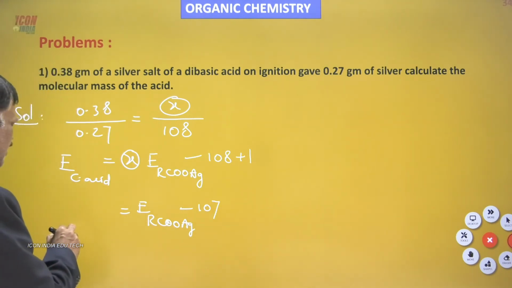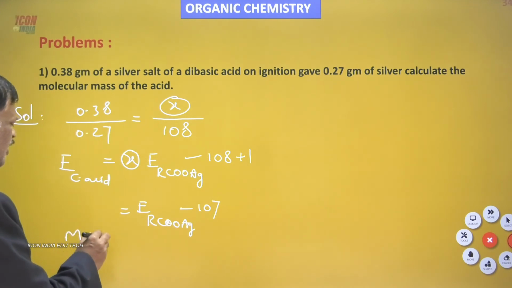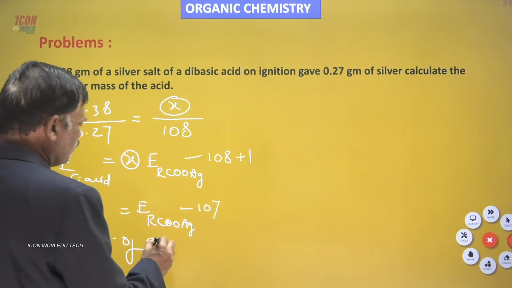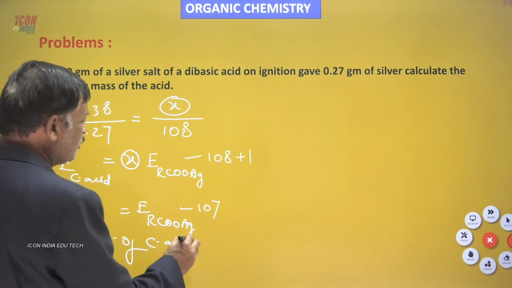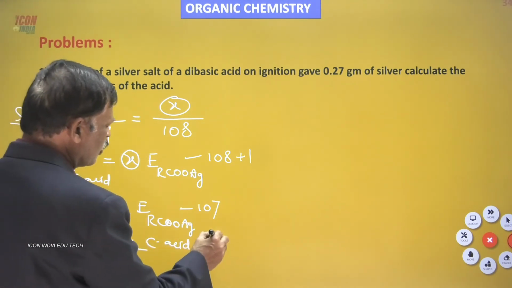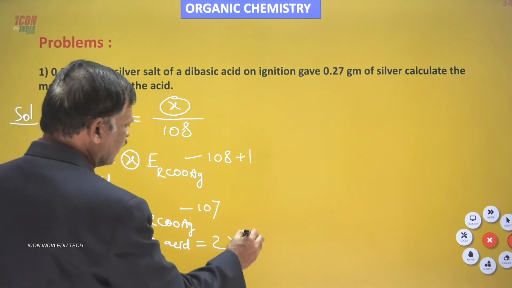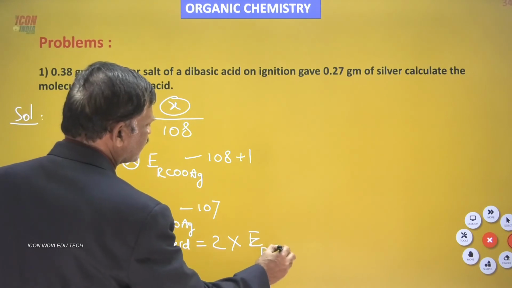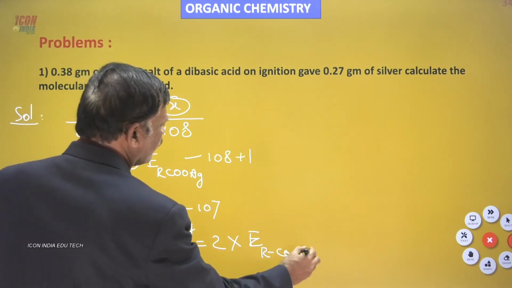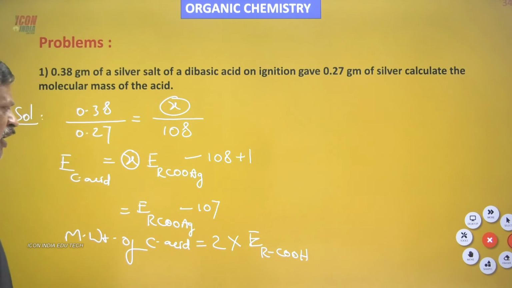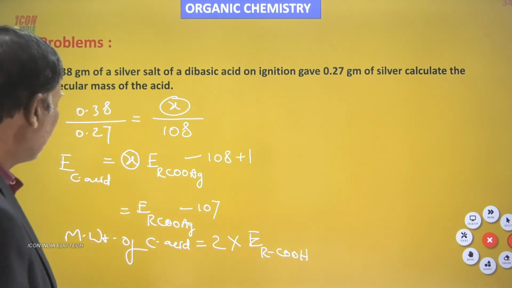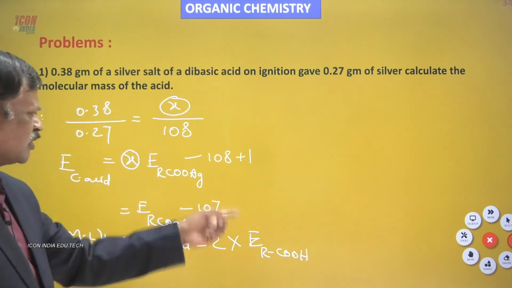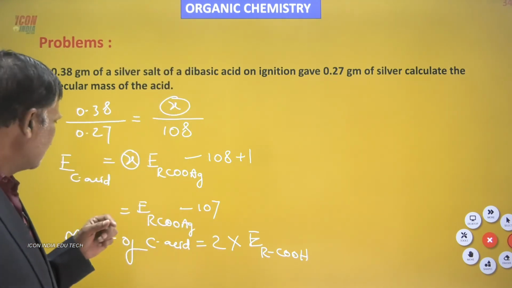So, what is molecular weight here? Molecular weight of the carboxylic acid, that is dibasic acid. So, 2 into equivalent weight of carboxylic acid. If you multiply the equivalent weight with 2, you will get the molecular weight of carboxylic acid. You understood how you got the equivalent weight of acid?